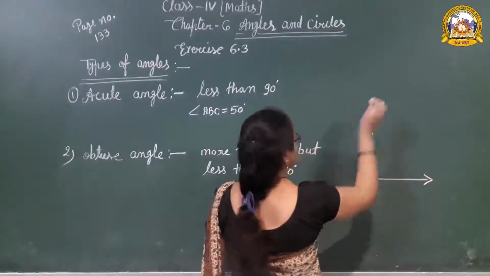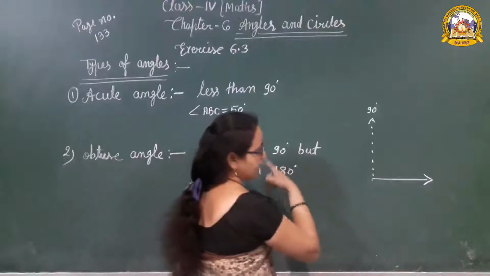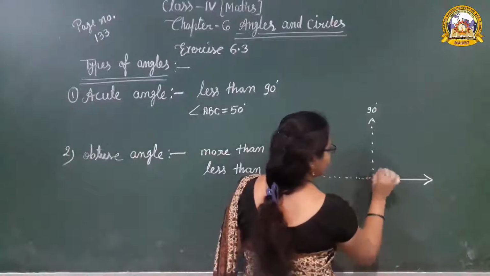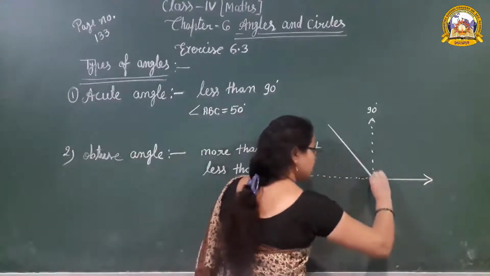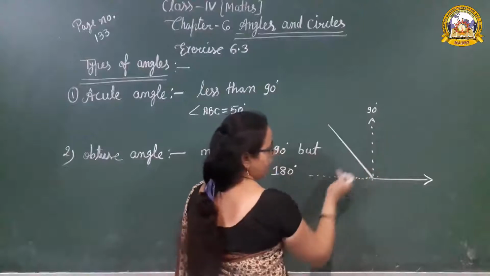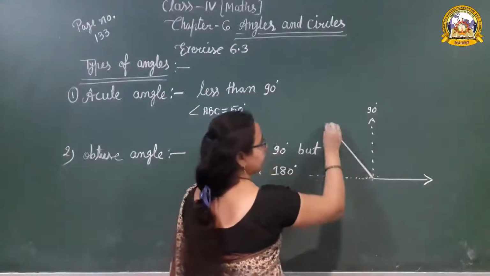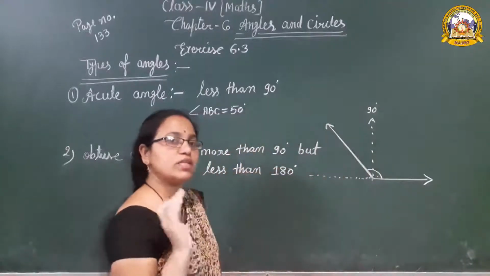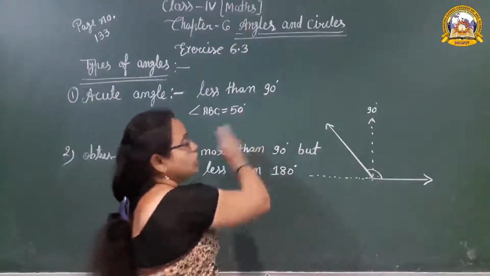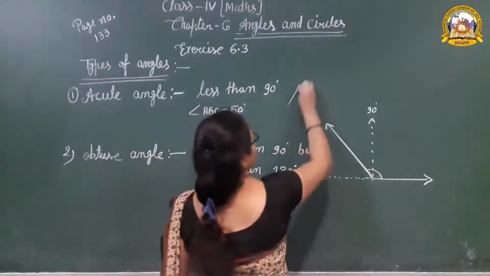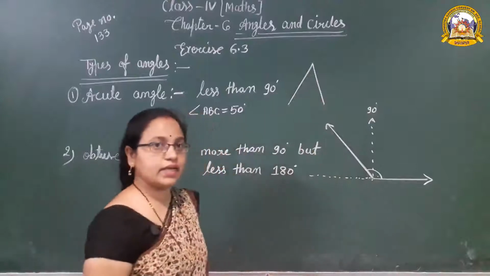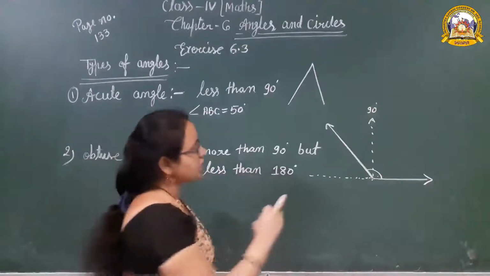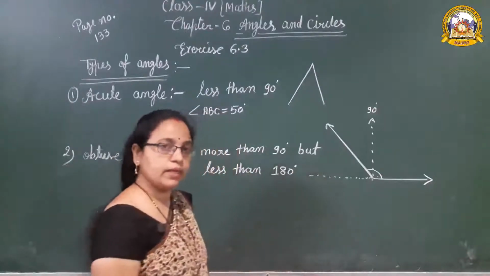It's 90 degrees and more than 90 but less than 180, and that is 180 degrees. So it should be greater, means between this line and this line. इन दो लाइन के बीच में जब भी कोई लाइन आएगी इट मीन्स दैट इज द रेस्टिंग पॉइंट. ऑप्टिस एंगल के लिए कौन सा पोजीशन होगा? रेस्टिंग पॉइंट. एंड एक्यूट एंगल के लिए कौन सा पोजीशन होगा? इस टाइप से कोई अगर एंगल बनता है दैट इज अ पोजीशन मीन्स एक्यूट एंगल एंड द रेस्टिंग पोजीशन मीन्स ऑब्ट्यूस एंगल. ओके.